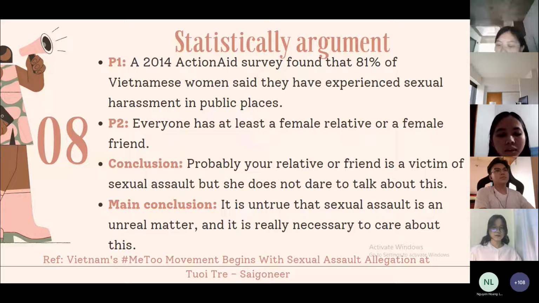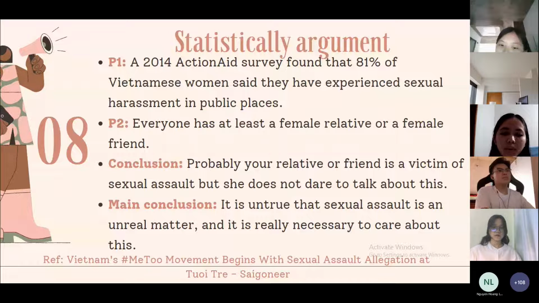But think about the female population in Vietnam and imagine how many victims there will be in reality. And of course, everyone has at least a female relative or a female friend. So probably your relative or friend is a victim of sexual assault, but she does not dare to talk about this.